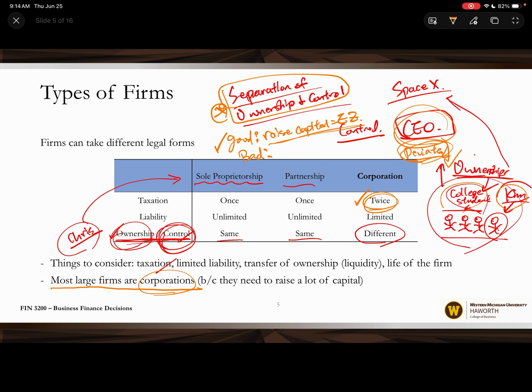They're selfish people, so they waste the corporation's resources. They do dumb things. Basically, they waste money. So they're not well behaved. So the separation of ownership and control could be good or could be bad. It's like a double-edged sword. But it's just a feature of a corporation.